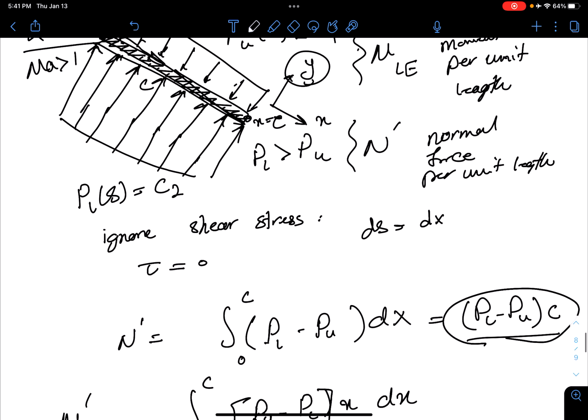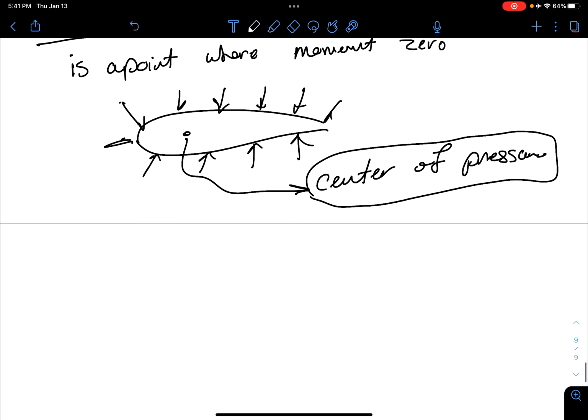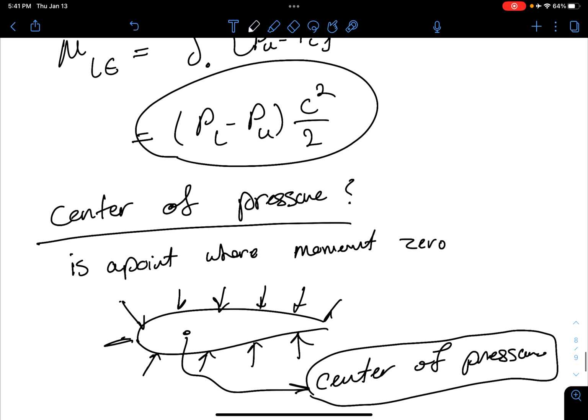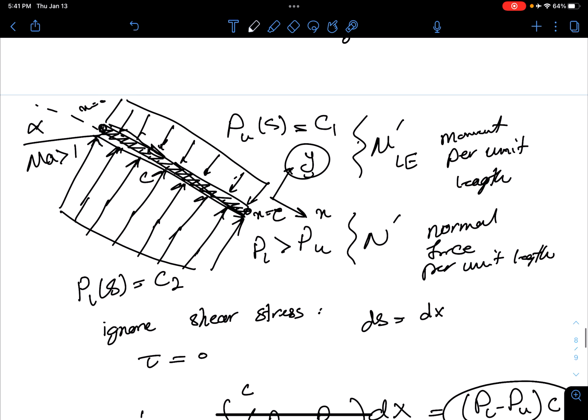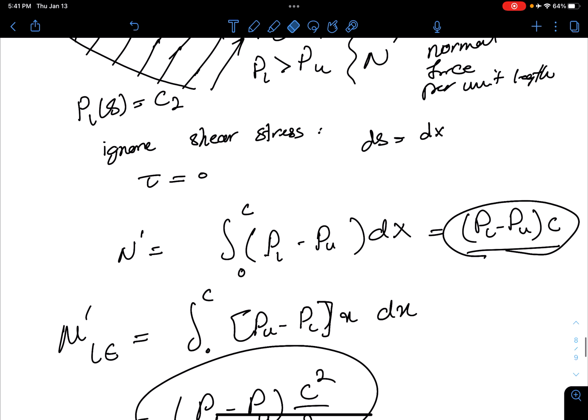So let's go back to this example. How can we find, and that's the last thing we are going to discuss here, how can we find the center of pressure for this example? Essentially, we already have the moment caused by all of these forces, right? That moment is not equal to 0.